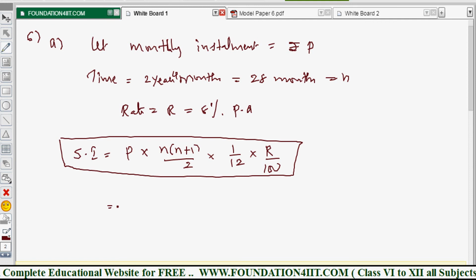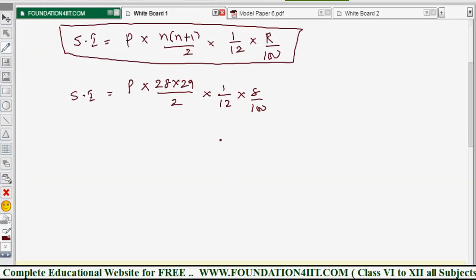Then maturity value is equal to simple interest plus the total investment. Here P is the unknown. So n into (n plus 1) by 2 is 28 into 29 by 2, into 1 by 12 into R by 100. So R is 8 by 100.